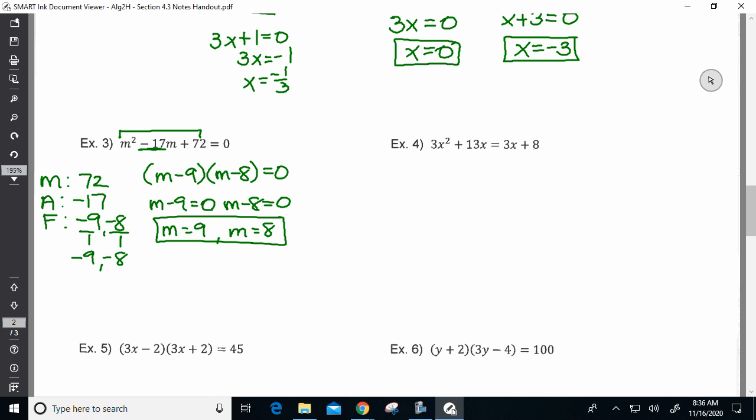So before we do anything, the equation's got to be equal to 0. So 3x has to move, and the 8 has to move. So if we move all those over, 3x squared plus 10x minus 8 equals 0.